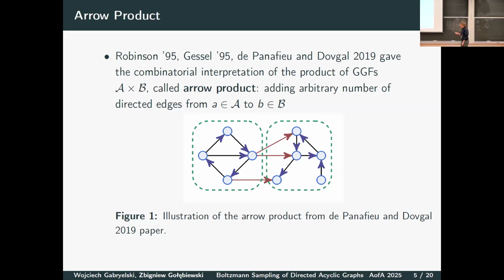When you have the graph structure from A, the graph structure from B, and then you connect the vertices from A to B by an arbitrary number of edges. I don't know if you see those edges in between A and B are red, supposed to be red, as the new edges.